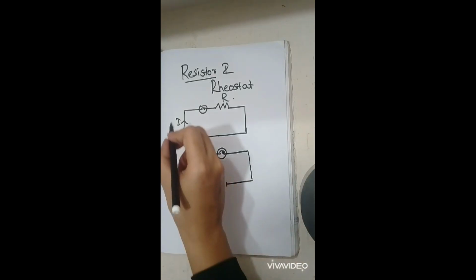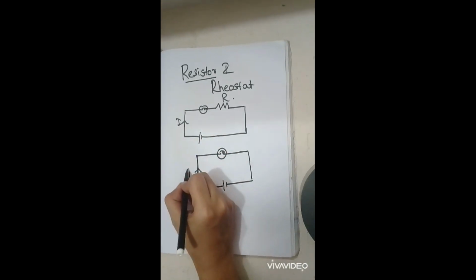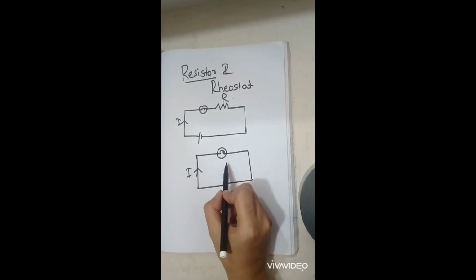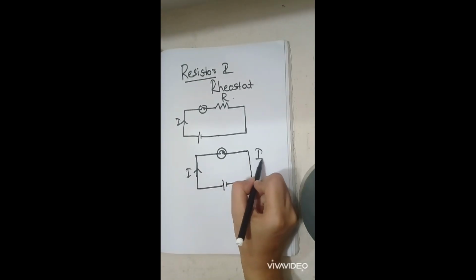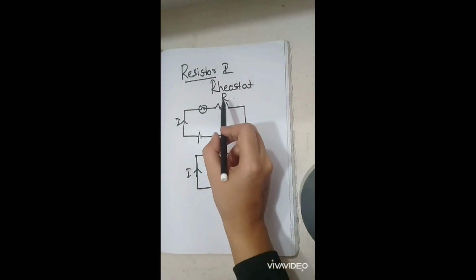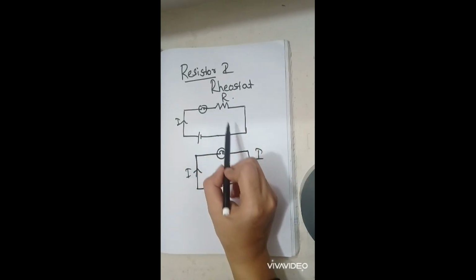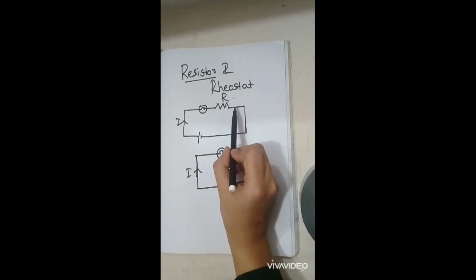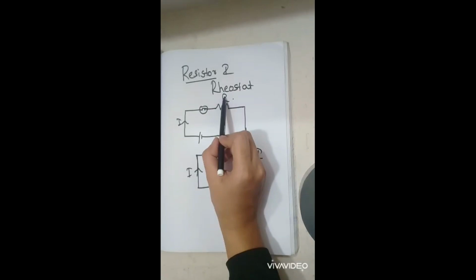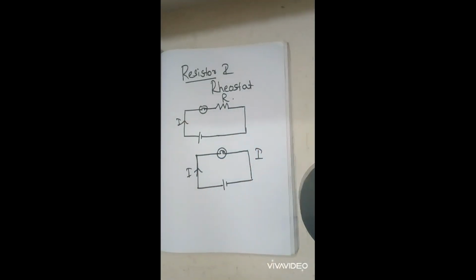Here also current I will flow. Here current I flows through it. But here the current I will not flow fully through it because of the resistance. What is the purpose of resistance? We already said that resistance is a property that blocks the flow of charges. That is, it decreases the flow of current.